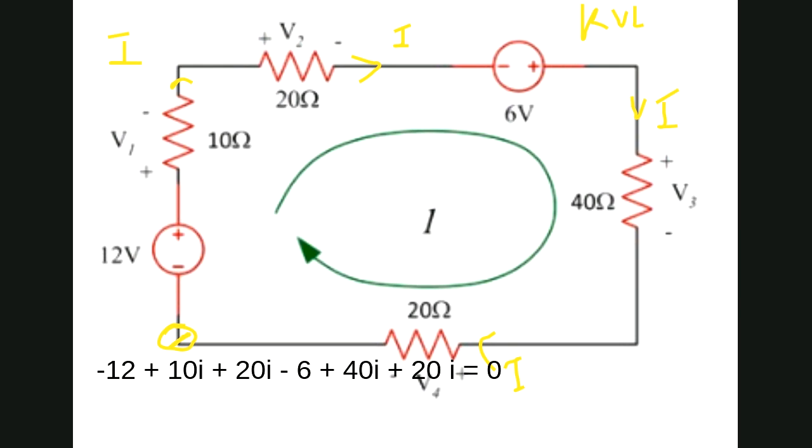According to that, plus 12 plus 6, that is 18. So 90I is 18. Therefore I comes to 18 divided by 90 equals 0.2 ampere.